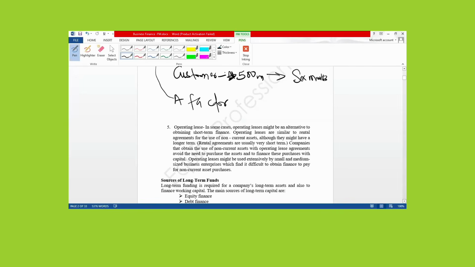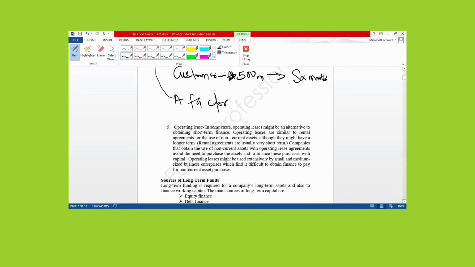Operating lease might be used as an alternative to obtaining short-term finance.